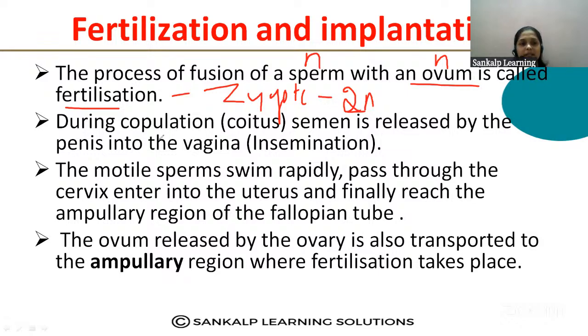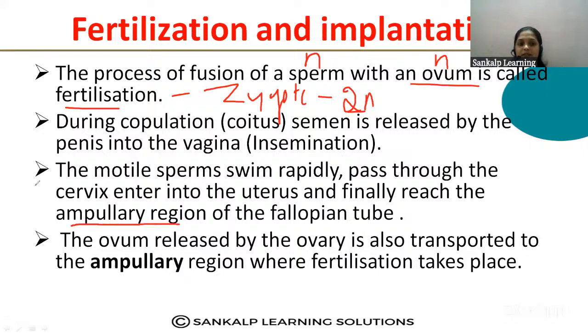So, when the copulation occurs, copulation means the semen, which contains the sperm, is released into the vagina. Then the fertilization takes place. At which place does the fertilization take place? The sperms swim inside the uterus, pass into the oviduct, and reach the ampullary region.